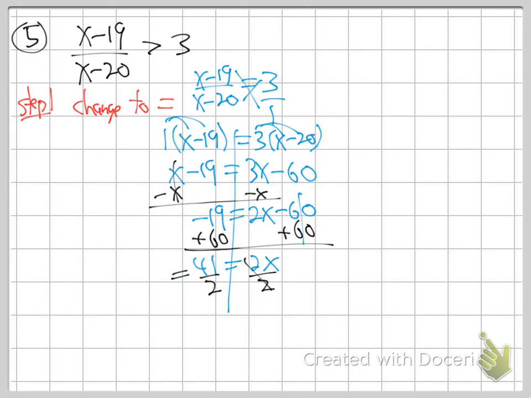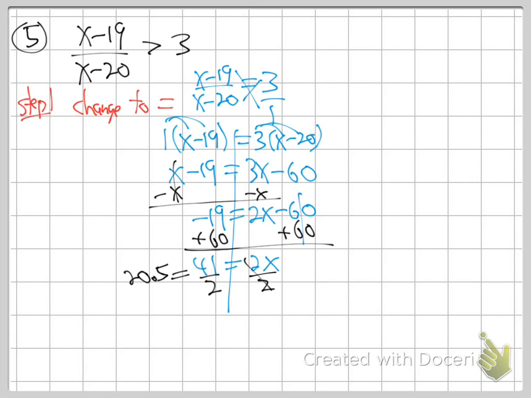You can make that a decimal, it'd be easier for you. 20.5. Just divide it on your calculator. So that's all step 1. We just change to equals. So when you've got a greater than, less than question, step 1 is change to equals and solve.